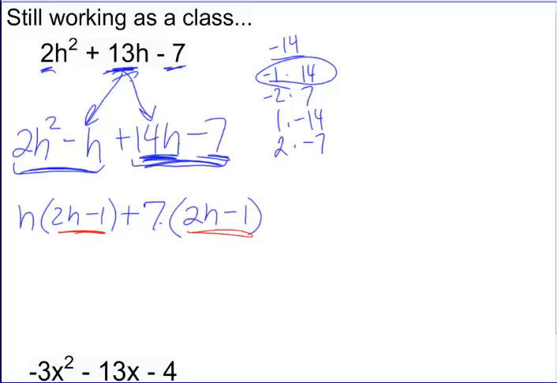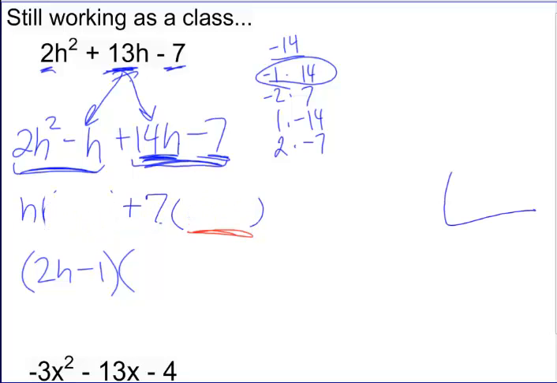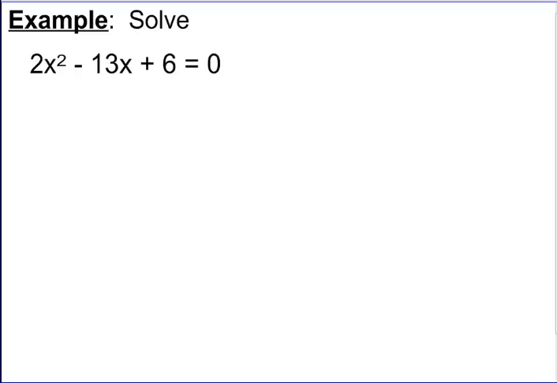They both have a 2h minus 1 in common. Once you get rid of those, there's an h plus 7 left. So h plus 7. Okay, so I got what they had in common out of there, and then an h plus 7 left. And that's the solving part.